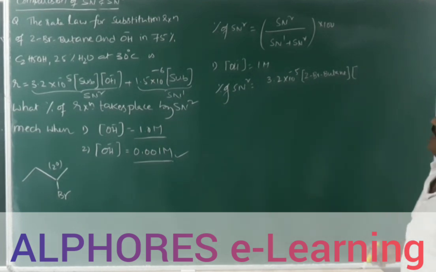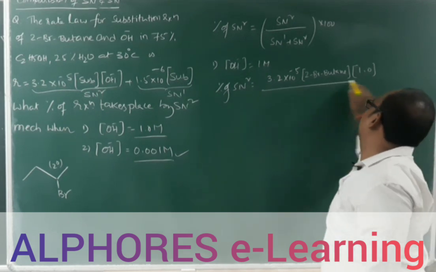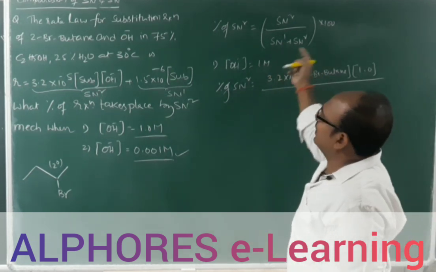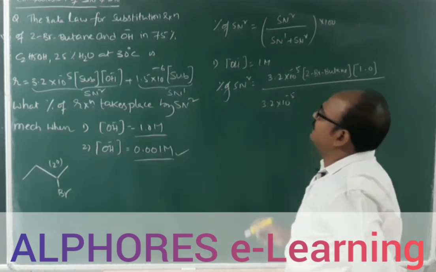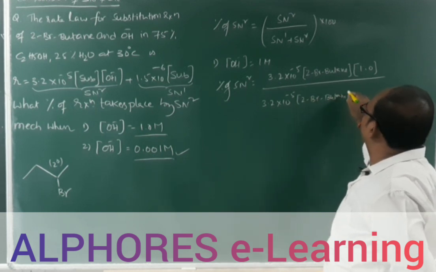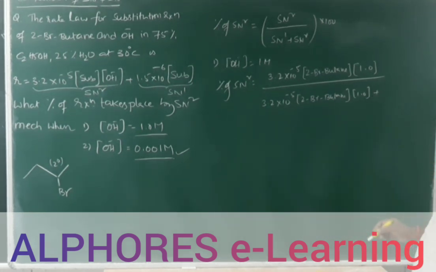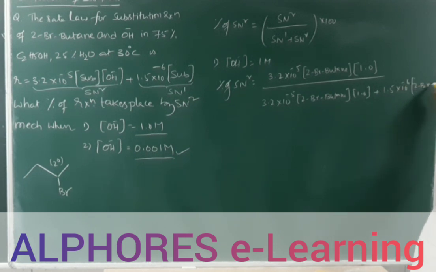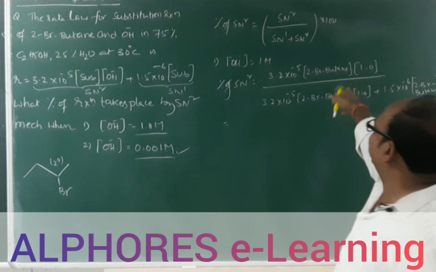Into the OH minus concentration, in case 1 molar, divided by SN1 plus SN2, meaning this much in total: 3.2 × 10^-5 into 2-bromobutane into 1.0 concentration of OH minus, plus 1.5 × 10^-6 into 2-bromobutane. Here in the numerator and denominator, the 2-bromobutane gets cancelled.